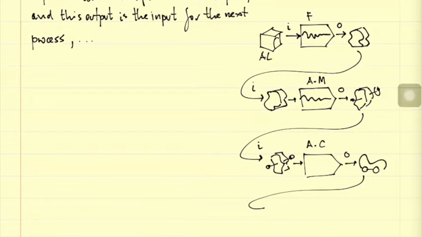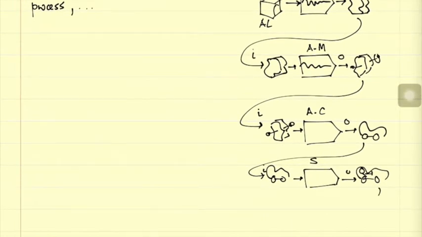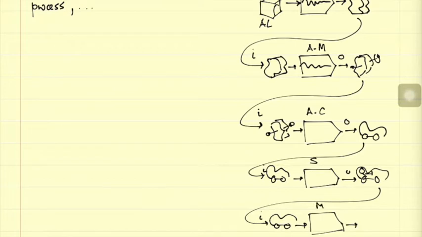This car is the input of the sales process, and the output is the car with a customer in it. After that you get another process of maintenance of the car, so that you get not only a customer but a happy customer, and so on and so forth. And then you scrap the car and then it all starts again.